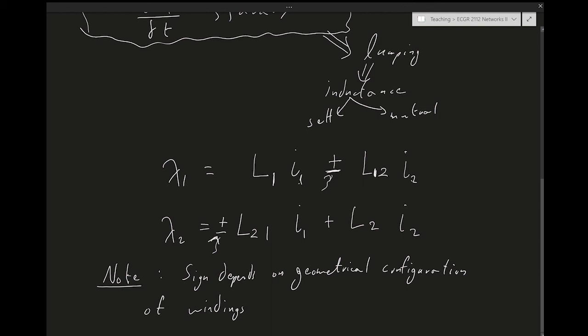The reason I don't have positive or negative for the self-inductance is because it follows the normal convention. For self-inductance, you always assume that the current is going into the positive sign of the voltage across the inductor. This is the typical sign convention.